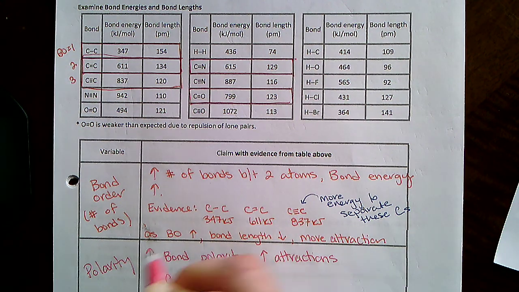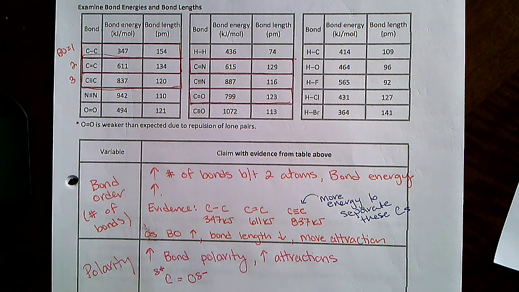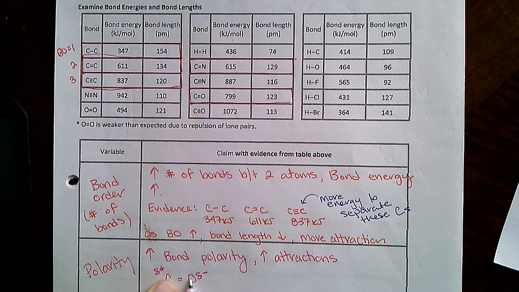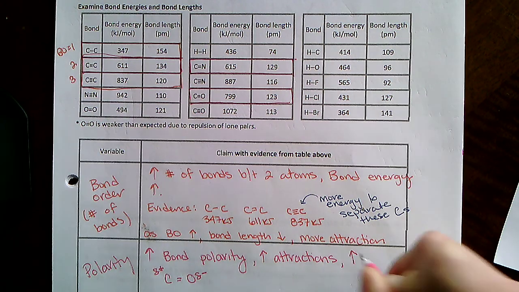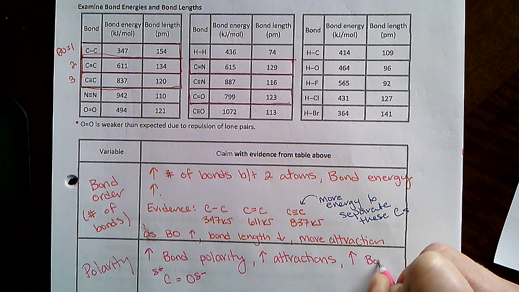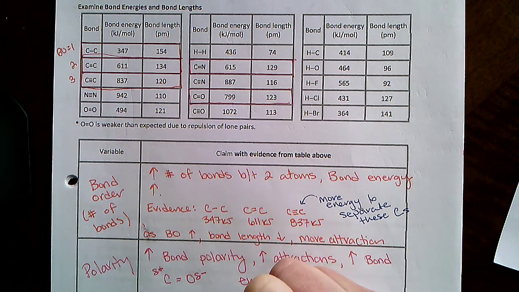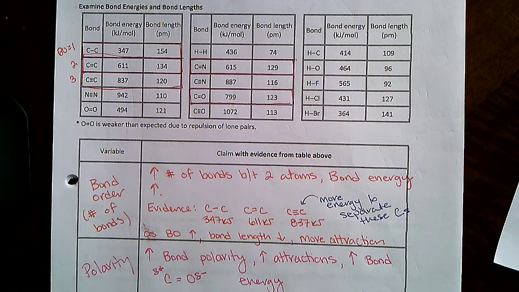There's a bigger partial negative, a bigger partial positive here, and that creates an electrostatic attraction. You have this negative attracting this positive. And that's going to mean increased bond energy. So this was looking at this trend in electronegativities.